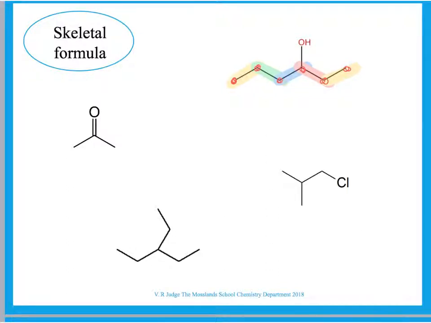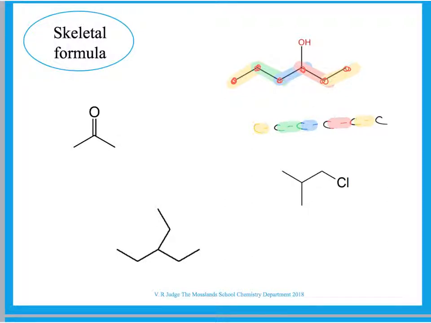And I'm just ignoring that OH at the top at the moment. So we've got 6 carbon atoms. So let's draw those in. 1, 2, 3, 4, 5, 2, 3, 4, 5, 6. There's my 6 carbon atoms and my 5 bonds drawn between them. So just to make it clear, that one, that one, that one, that one, and that one.